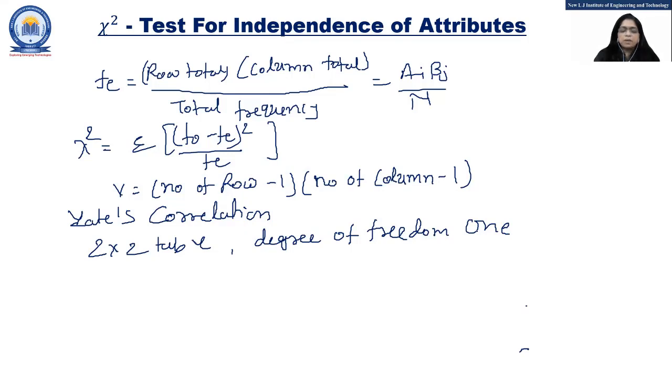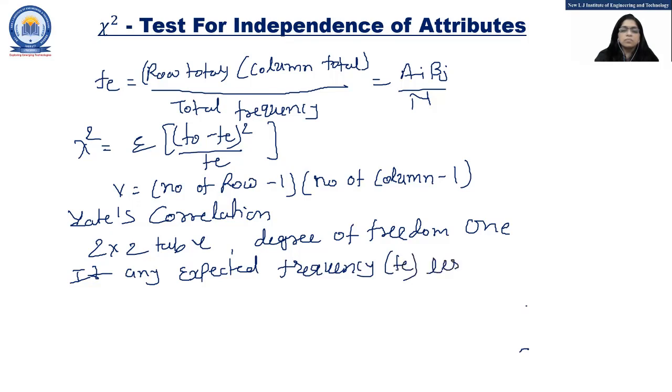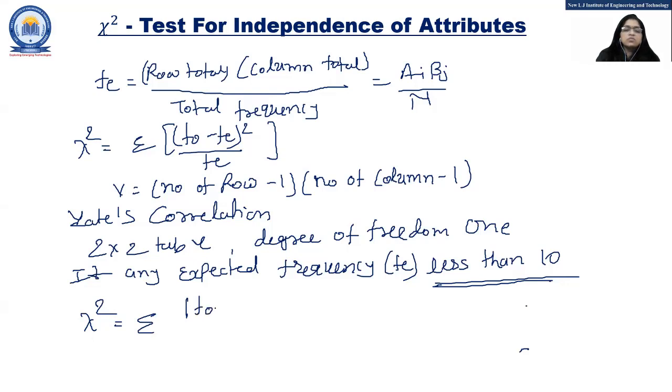If any expected frequency is less than 10, then the Yates correction is applied, and for the Yates correction, chi-square is equal to summation of (modulus of Fo minus Fe minus 0.5) whole square divided by Fe.